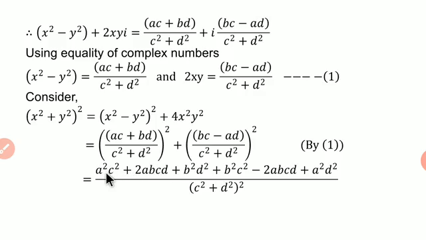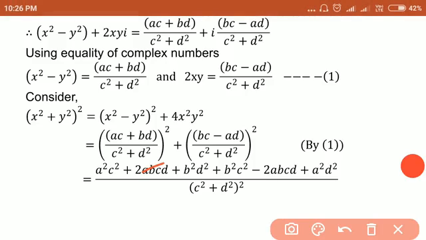So a square c square plus 2abcd plus b square d square plus b square c square minus 2abcd plus a square d square. Now this 2abcd minus 2abcd term gets cancelled. Now from the first and third term, we can take c square as a common part. Similarly for the second and fourth term, we can take d square as a common part.